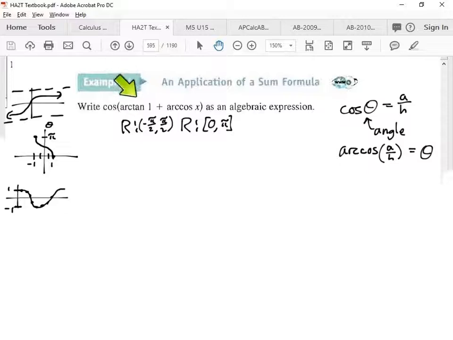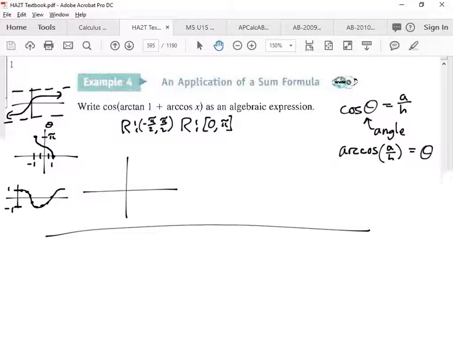So let's talk about arctangent first. We're going to figure that out before we get on with this problem. What is arctangent of 1? Where does tangent equal 1? Let's look at our unit circle. Remember, the range for arctangent is from -pi over 2 to +pi over 2, so our answer has to be an angle in these two quadrants.